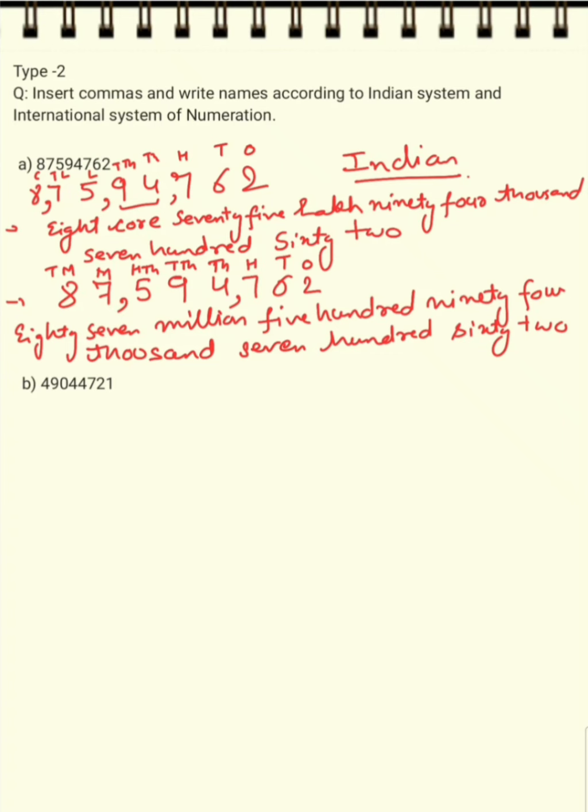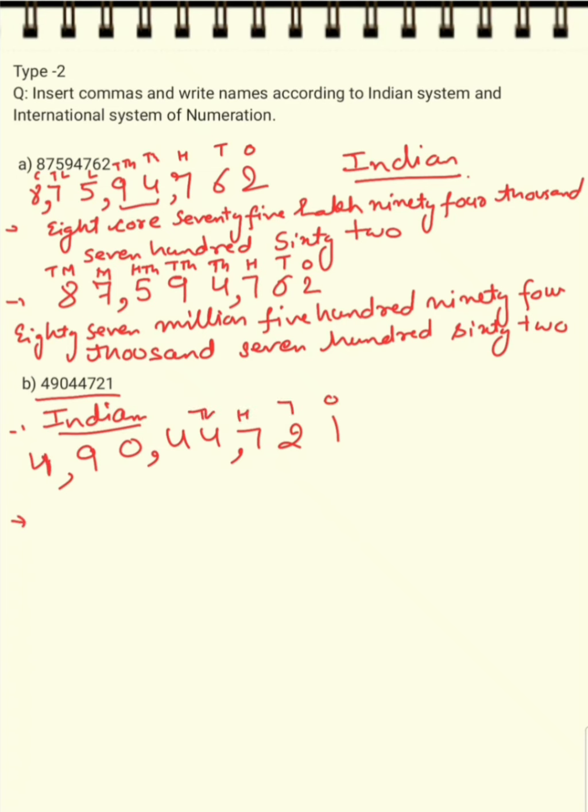Now let me take one more example. According to Indian, first we'll write according to the Indian system of numeration. Let me write this number 49044721. So the first comma will come after 3 digits from here and then after every 2 digits. Okay, how to write this number? 10, 100, 1000, 10,000.